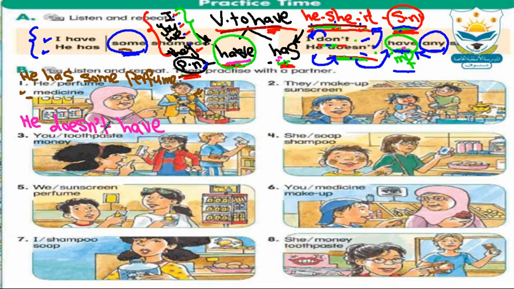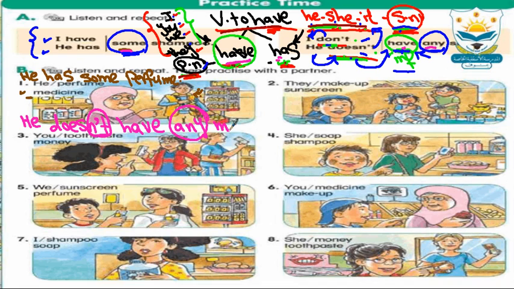Bravo. This sentence is negative because there is doesn't, which has n't. What should we use in a negative sentence, some or any? We use any in negative sentences. So he doesn't have any. Any what?